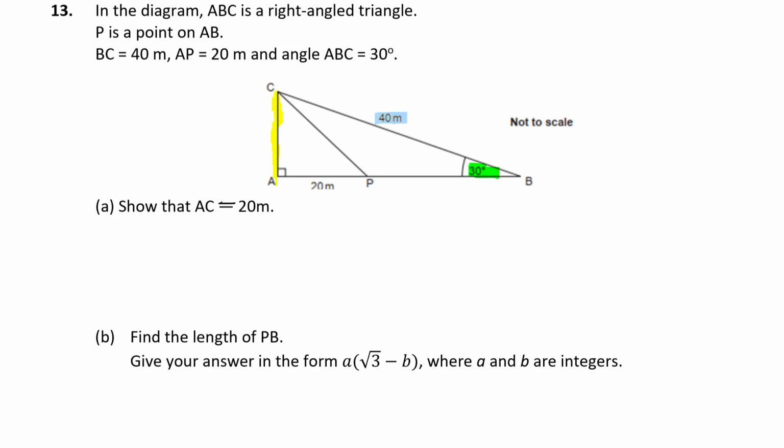Okay, so if 30 is the marked angle, then the 40 is the hypotenuse, isn't it? And AC is the opposite, and AB is the adjacent.